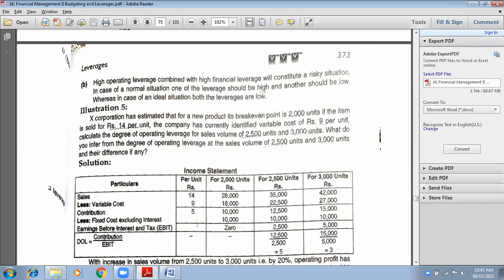One of them is high and the other is low: normal situation. Both are high, risky situation. Both are low, ideal situation. Ideal means the best situation. I hope you understood.